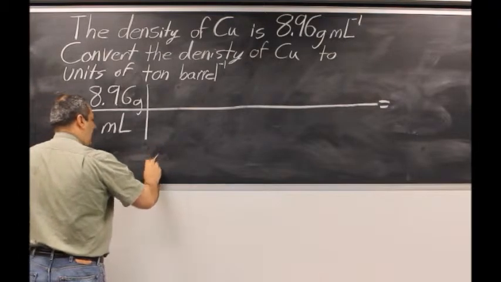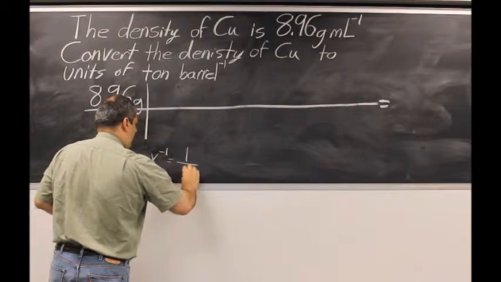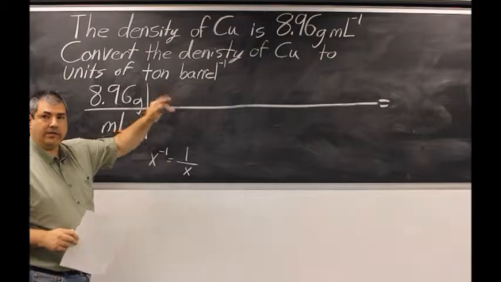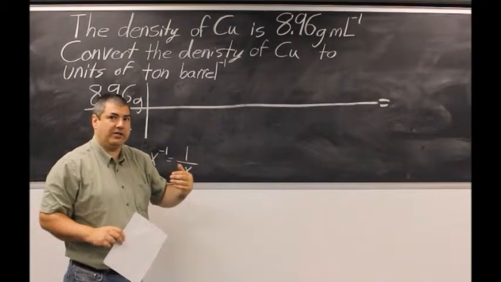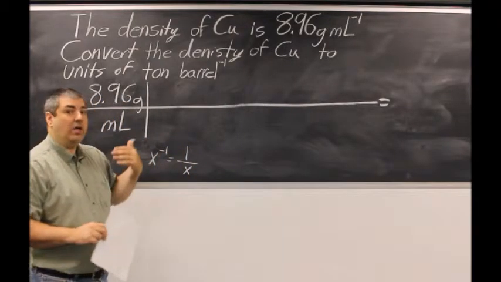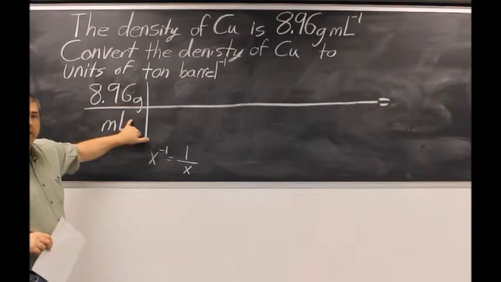Again, x to the minus 1 is 1 over x. If you do write it as milliliter to the negative first, you have to take that into consideration with every other unit that you use for canceling it, which is a little bit complicated. If you just draw it as grams per milliliter, you're fine.